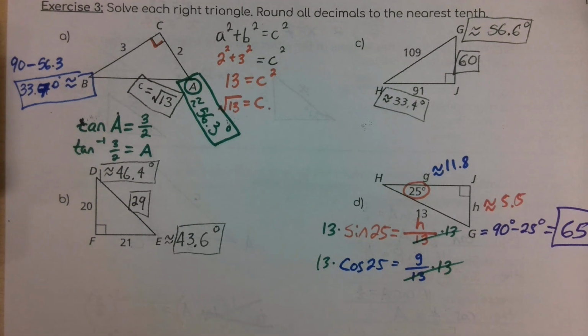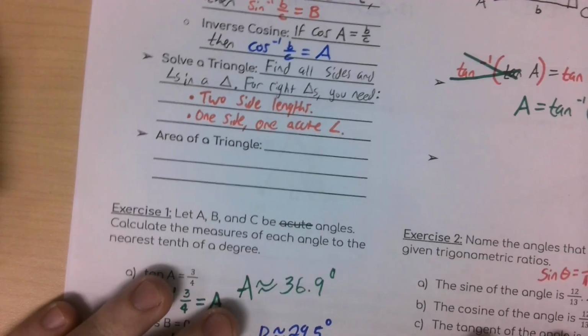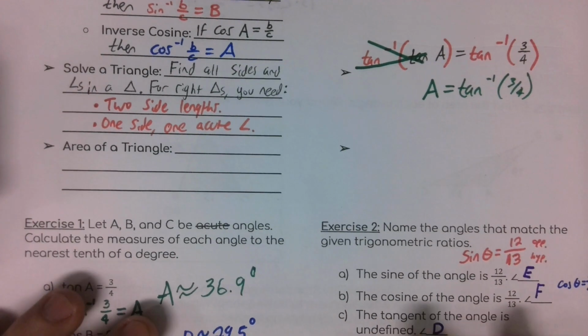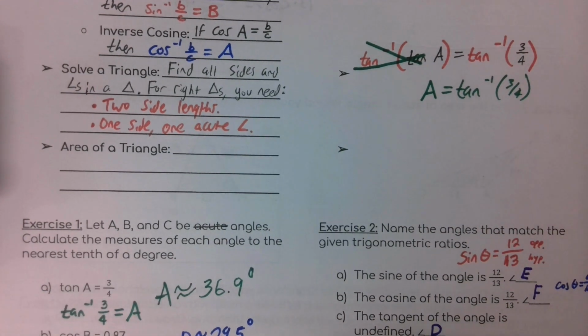Now, the last type of problem that we're going to be seeing today, other than our word problem, involves our final definition of the day, the area of a triangle. Mr. Strager, wait a second. I already know the area of a triangle. You know the area of some triangles. Let me explain.